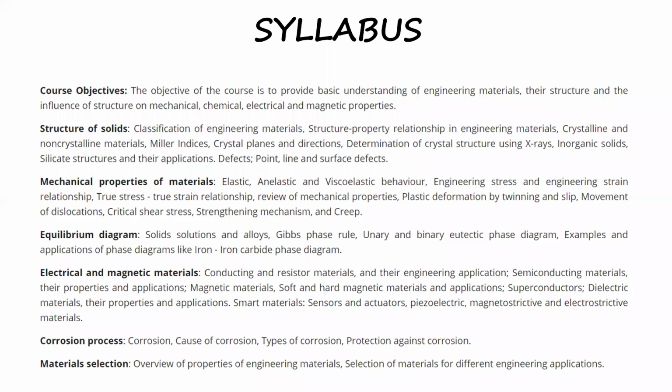The final unit, which is material selection: in this particular unit, the aim is to select appropriate engineering material for a given design problem. We are not going to study this unit individually; rather, we will cover it in different subunits which I have already discussed, like mechanical properties, phase diagram, electrical, magnetic, superconducting and dielectric properties, as well as corrosion.